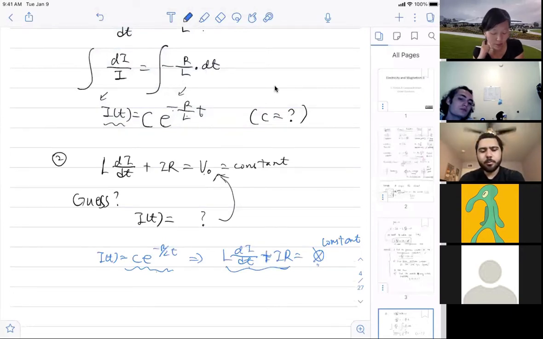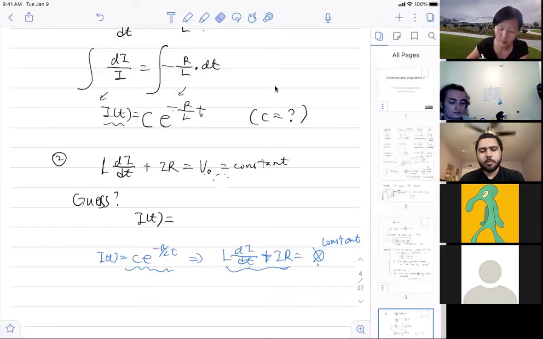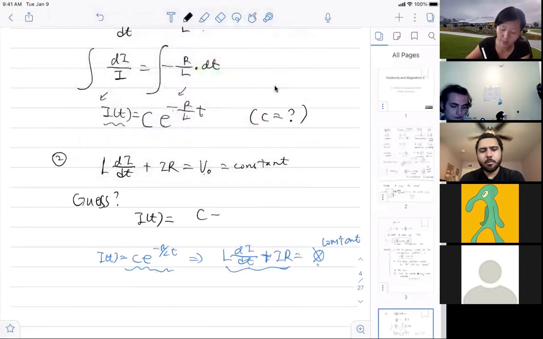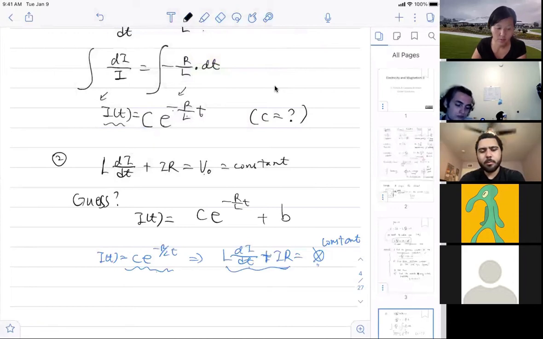So how can I make a constant come up? Here would be your guess: I'm simply going to add a constant to my original solution. I don't know what that would be, but I'm going to add a constant, and this might be a different constant than before. So here is a guess.